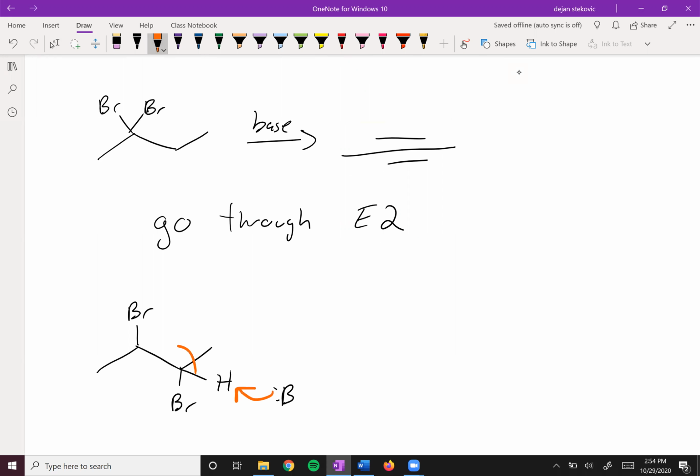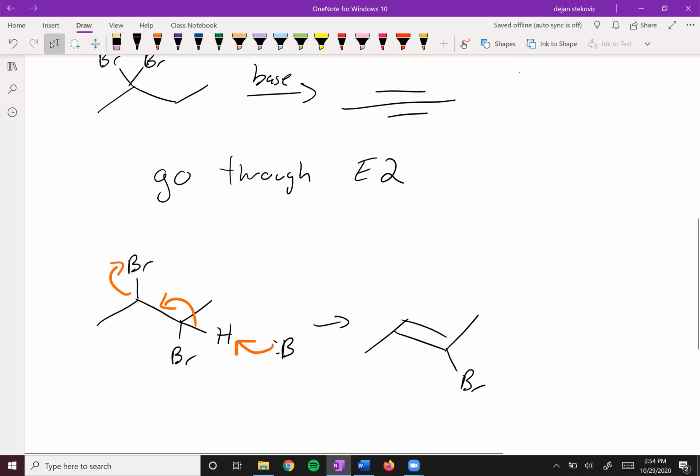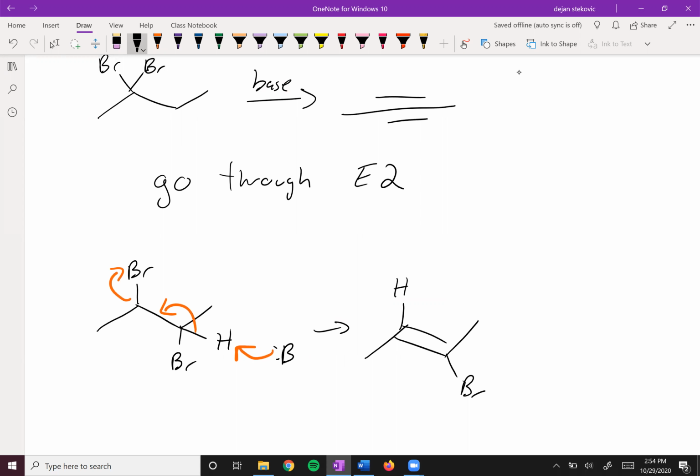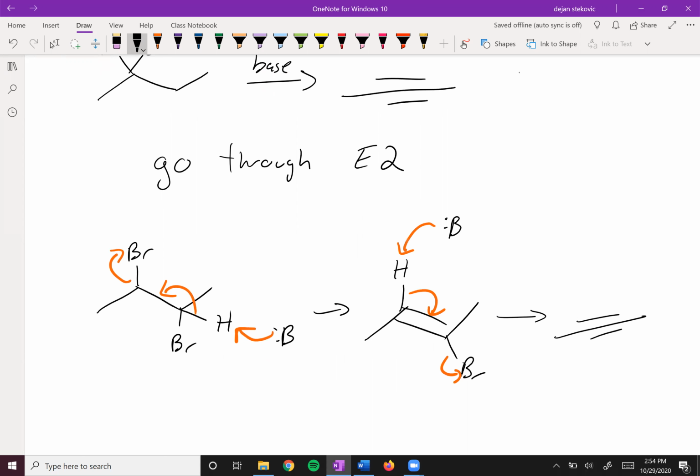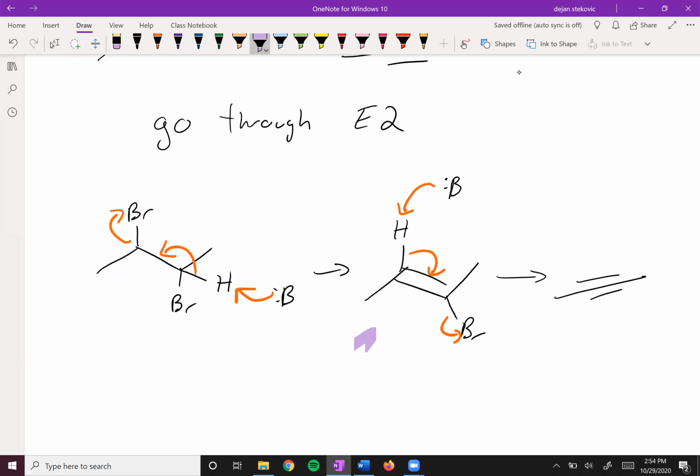It'll pick up this hydrogen to make our alkene through this E2 mechanism. And then we'll simply repeat this yet again to form our alkyne.